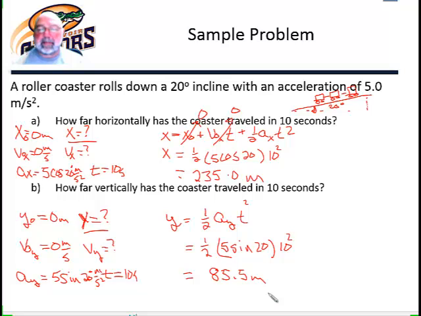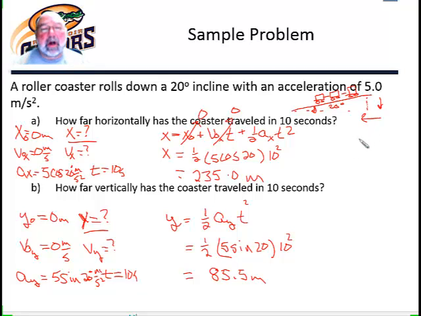Okay, some of you may be going, well, isn't the acceleration supposed to be negative? It's going down. Well, fair enough, but what I've done is I've interpreted this as it wants to know how far vertically, how far horizontally, and I've made the down direction and the left direction on my drawing as positive.